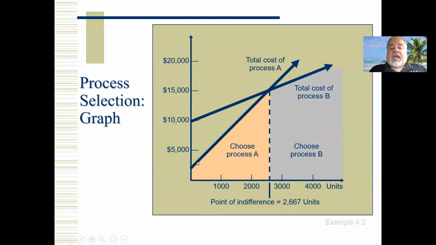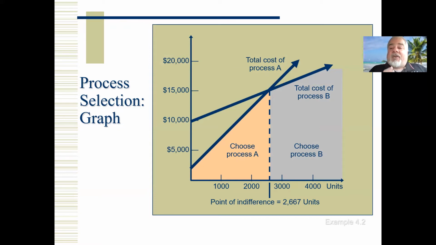My process A, starting at 2,000, is going up at $5 per raft. So it's going up faster. Where do those two lines cross? At 2667. Nobody's saying I'm selling them at $10. Nobody's saying where am I going to make a profit. This isn't about profit. This is just which one is more cost effective to make.